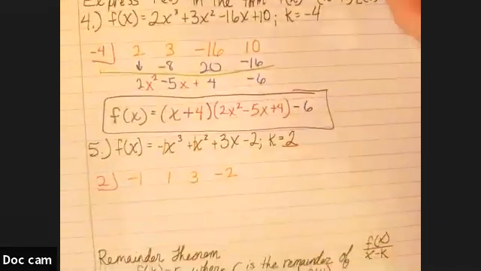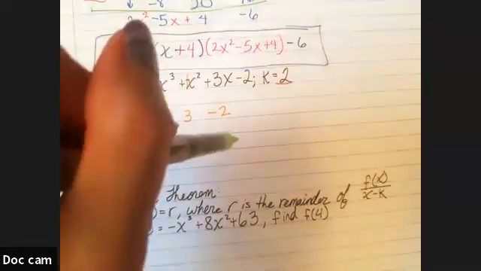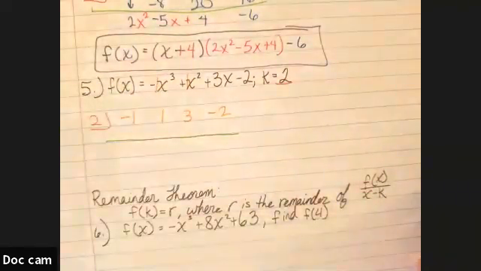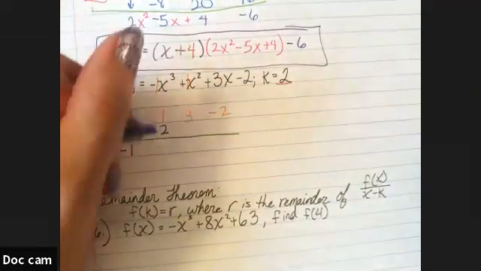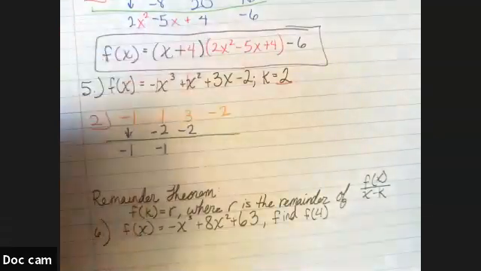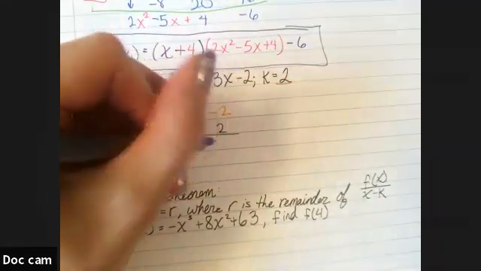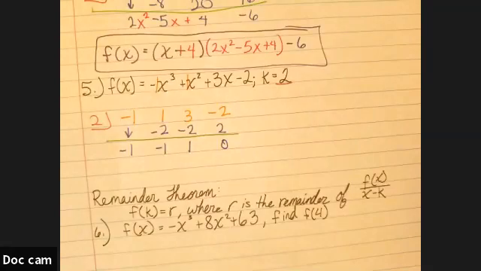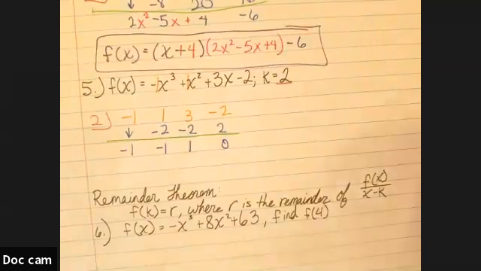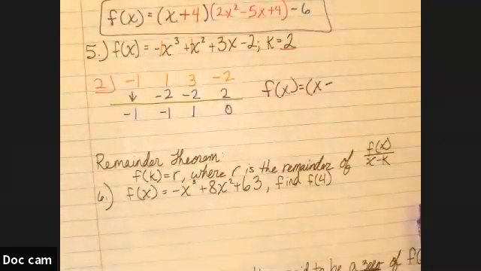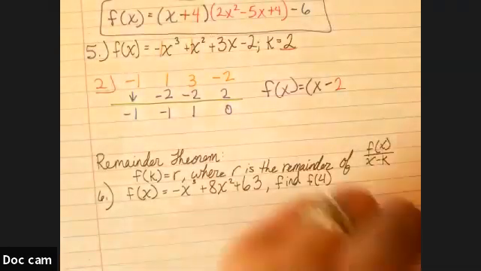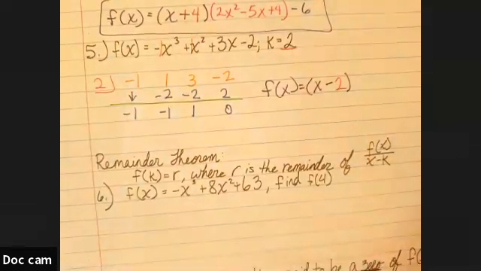Then we're going to do our synthetic division. Negative 1, negative 2, negative 1, negative 2, 1, 2, and 0. So this time our remainder is 0. So to write our answer, it's going to be f of x equals x minus k, and in this case, k was 2, times the quotient.